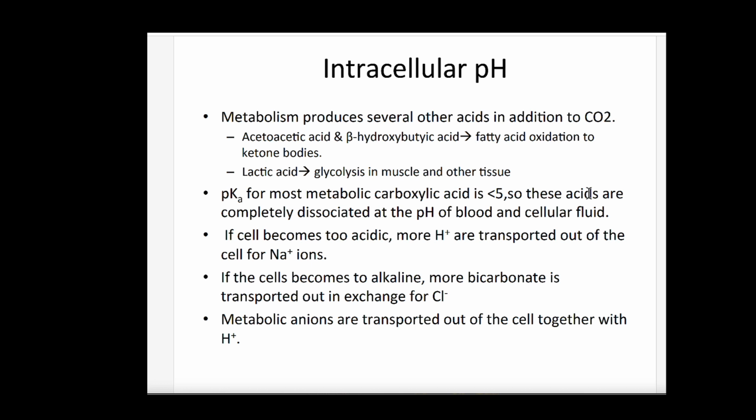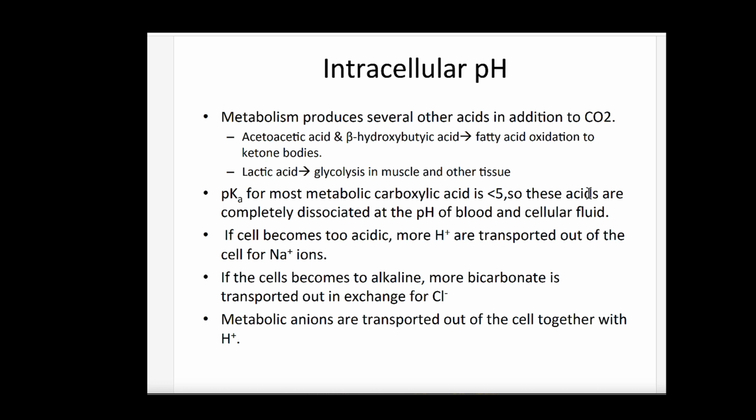So what happens is, if the cell becomes too acidic, more hydrogen ions are going to be transported out of the cell in exchange for another type of ion, in this case sodium ions. It's a way to help balance the flow of these ions so that you don't have a highly acidic environment within the cell. If the cell conversely becomes more alkaline, then more bicarbonate is going to be transported out in exchange for chloride ions.